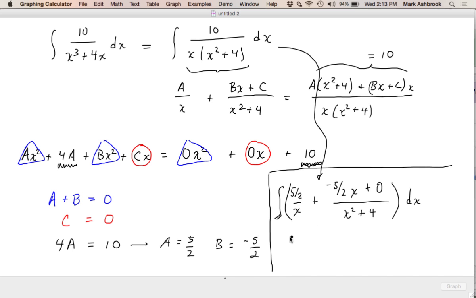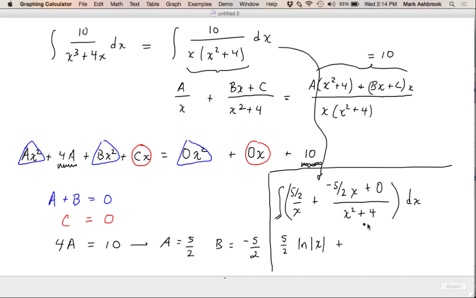Okay, so this is easy. Well, we got 5 halves times natural log of absolute value of x. How do we do negative 5 halves x over x squared plus 4? Do you recognize that? Okay, so yeah, this was the goal, that you could look at ones like this and kind of write down the answer. You see that this is the result of chain rule. x to the first is essentially the derivative of x squared.